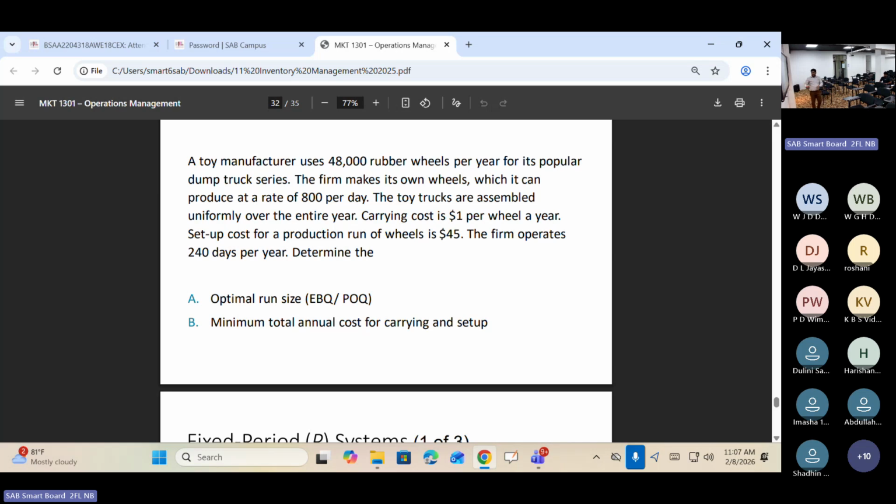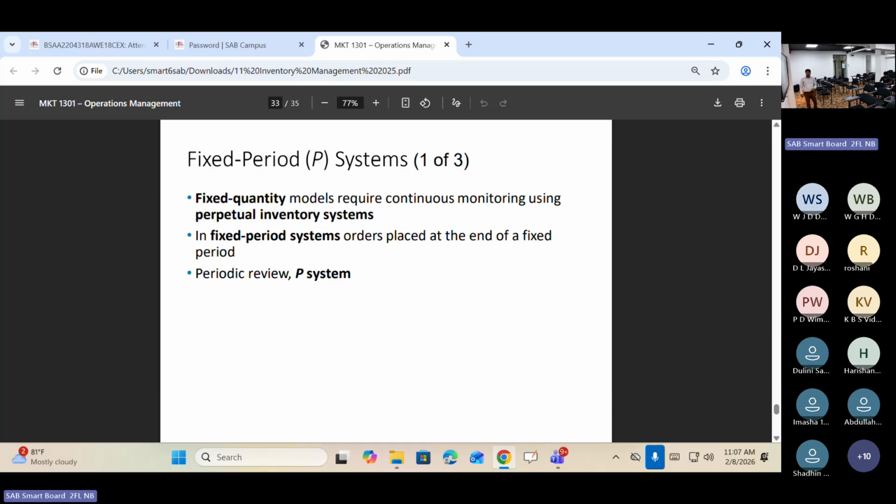Right. The other type of systems we call fixed period models. In the fixed quantity models, the quantity is fixed. Coming to period models, we call them P models. The time interval at which you check the inventory and place the order is fixed. We call them P systems or periodic reviews.